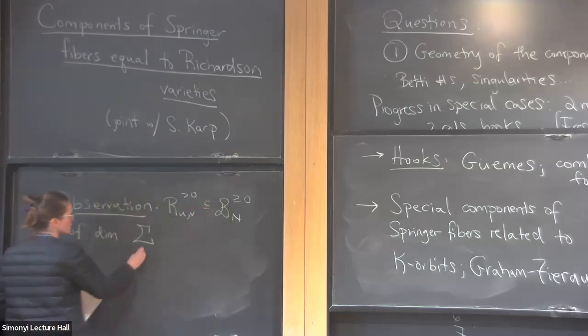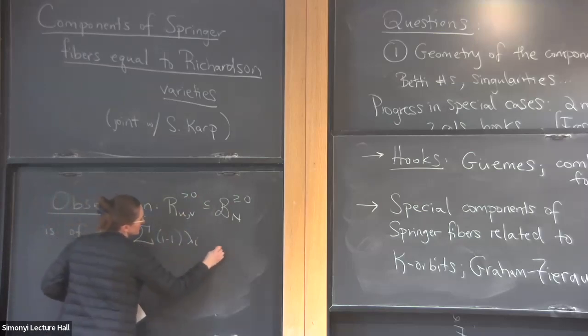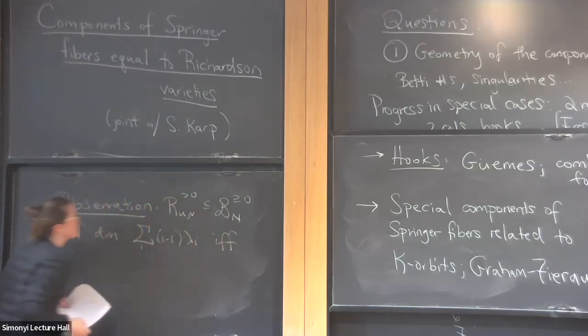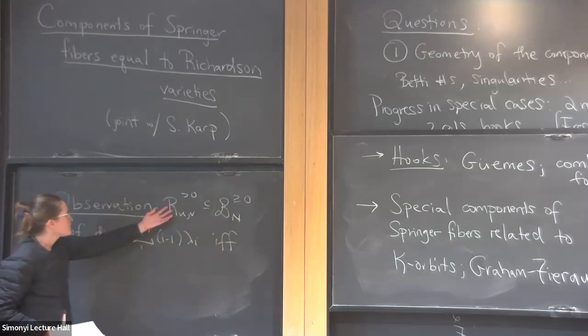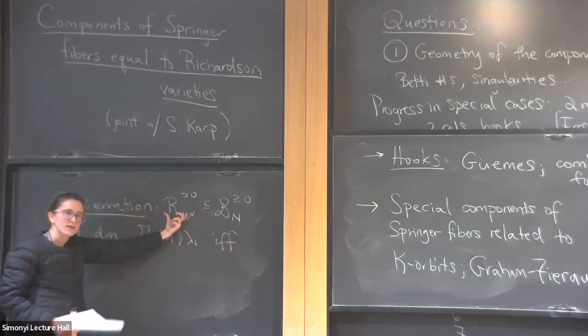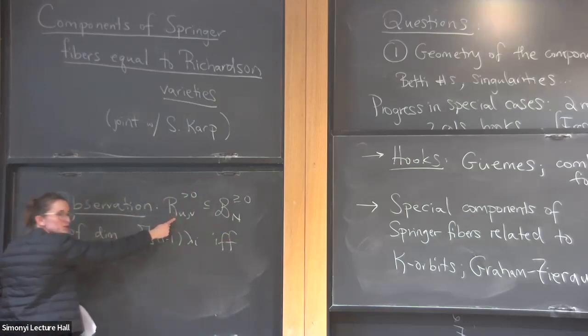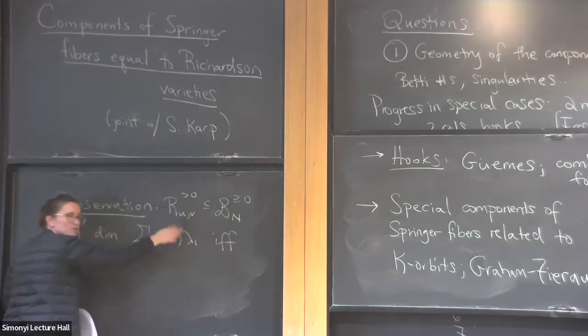That dimension was the sum over i of (i minus 1) lambda i. If and only if this has maximum dimension, I'll take the Zariski closure and get a subvariety of my usual Springer fiber sitting back in my complex flag variety. So that means my Richardson variety corresponding to U and V is a component of my Springer fiber.